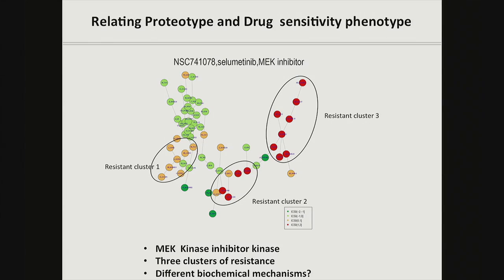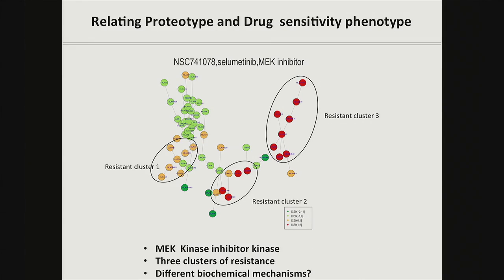So here is a graph that illustrates some of this data. This is one particular drug, a MEK inhibitor. It's really not particularly relevant why I show this particular one and not any of the other hundreds of such graphs. What we see here is a phylogenetic tree-like structure.